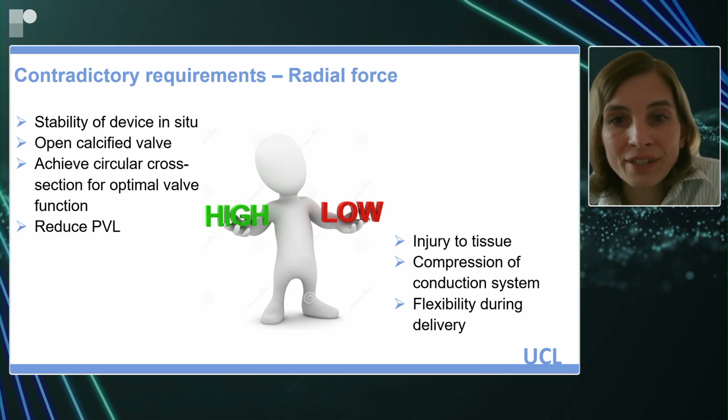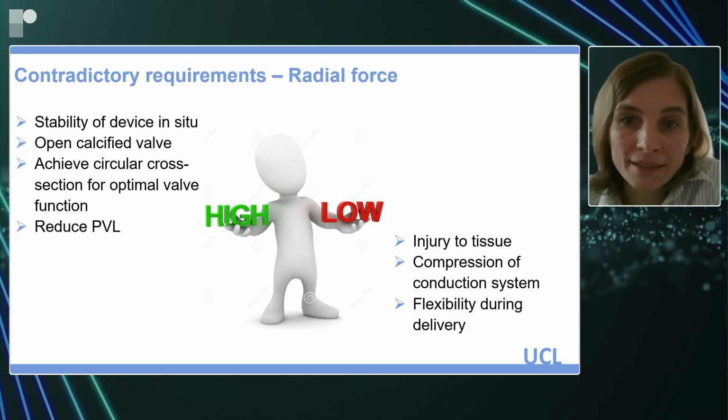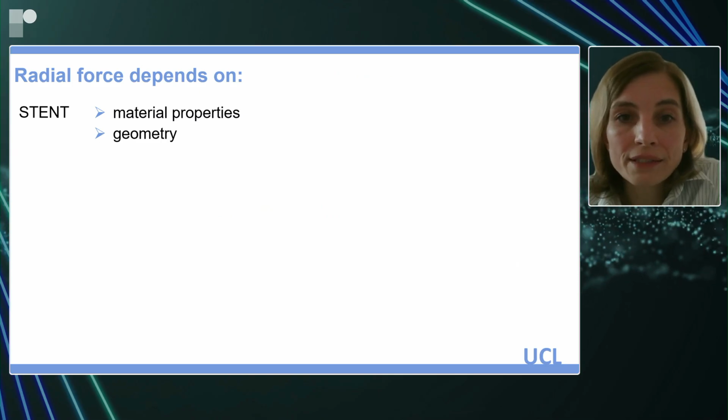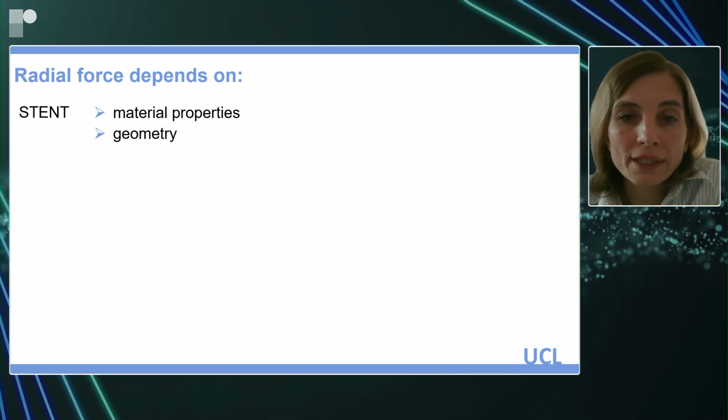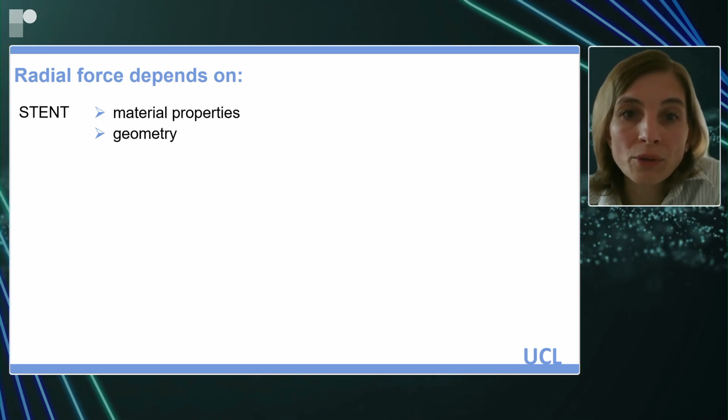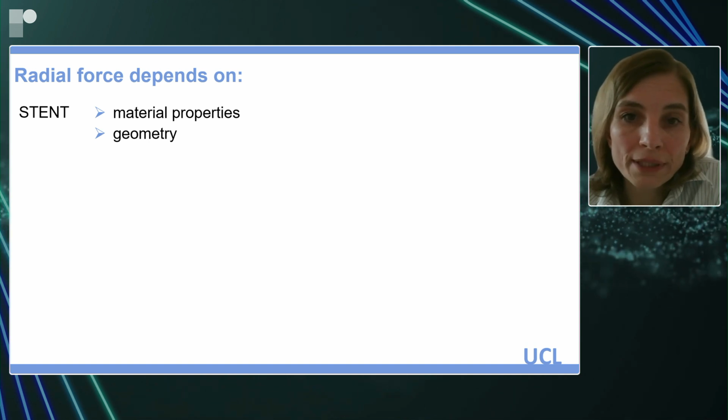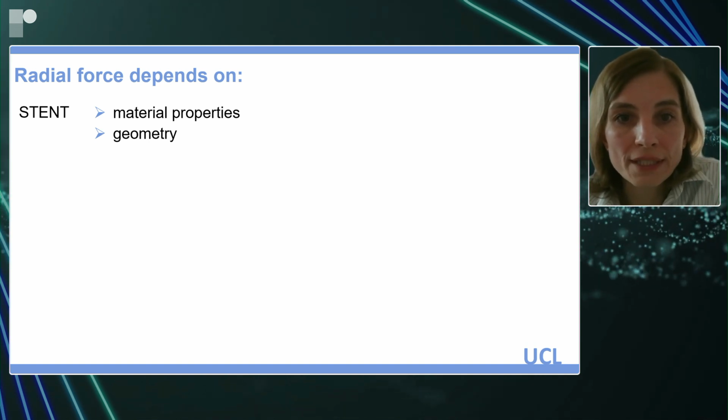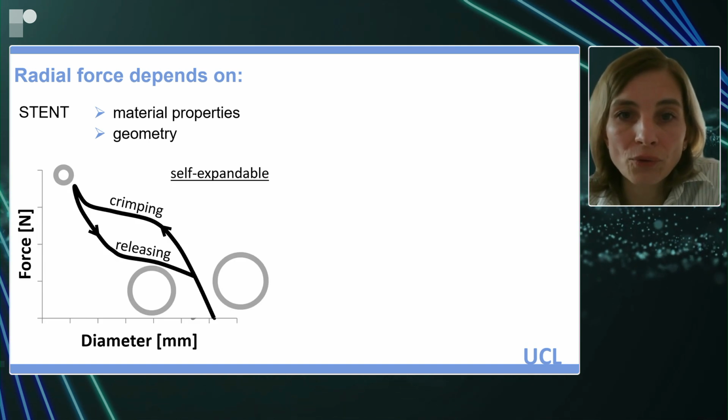So how can an engineer really achieve the good balance in this example? Well, first of all, we really work with the device design, and in particular, we can work with both the material properties and the geometry, the shape of the stent, to tune the radial force.